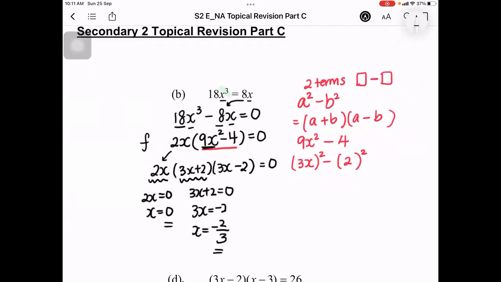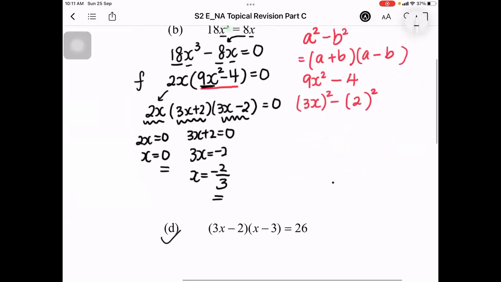Third solution here: we have 3x minus 2 equals to 0. So 3x is equals to positive 2 this time. x equals to 2 over 3.